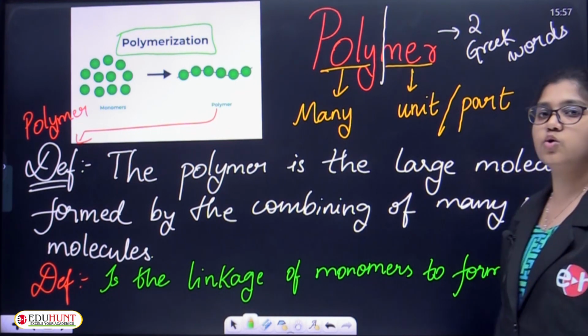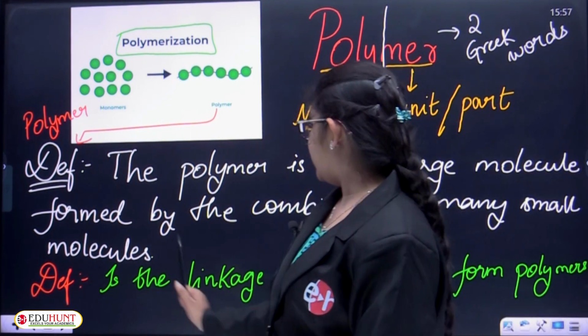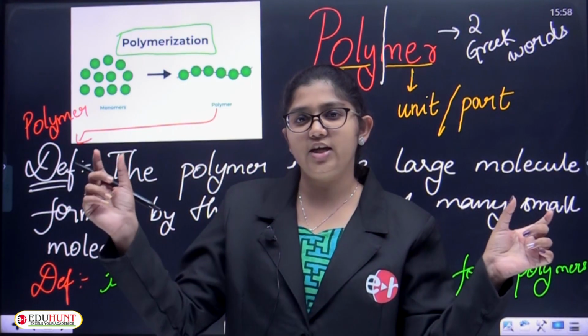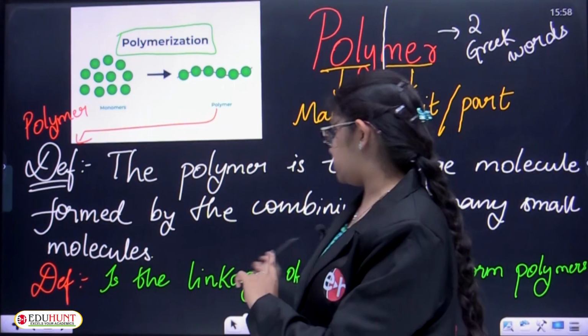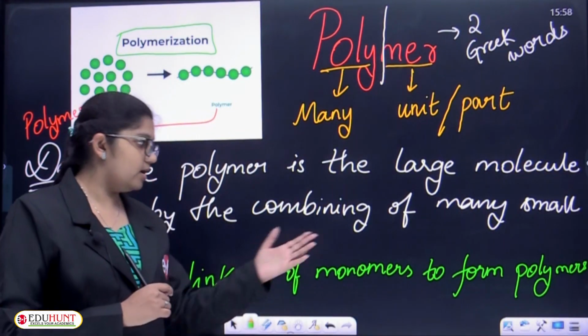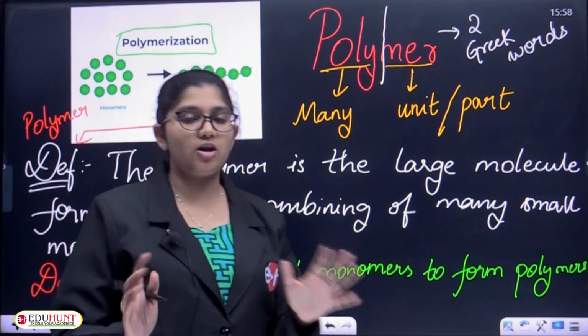So the definition of polymerization is that the monomers are linked together to get a polymer. We can write it like this also: it is a linkage of monomers all together to get a polymer. Fine, children, this is all about polymerization.